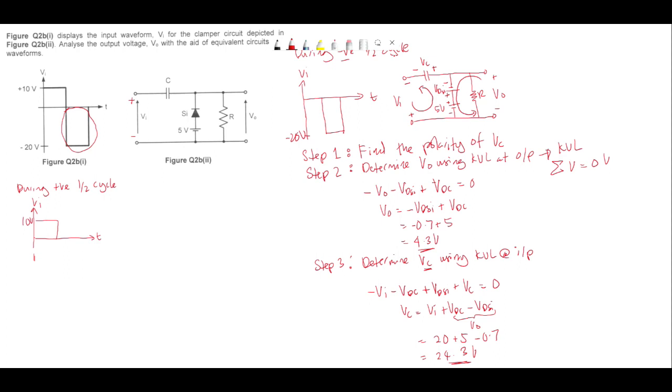Then the current flows from high potential to low potential. So the current flows like this, and at the diode, as you can see, the diode will be turned off because the diode is in reverse bias condition. So you can represent this diode as an open circuit.